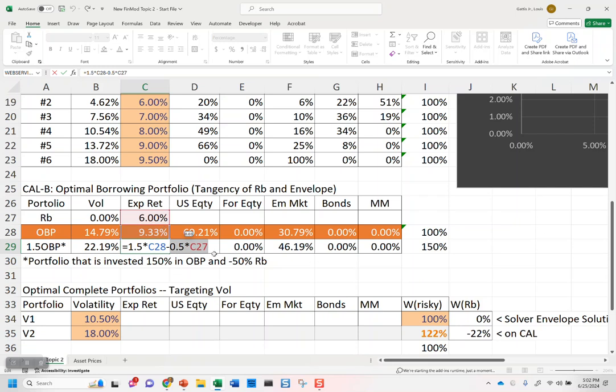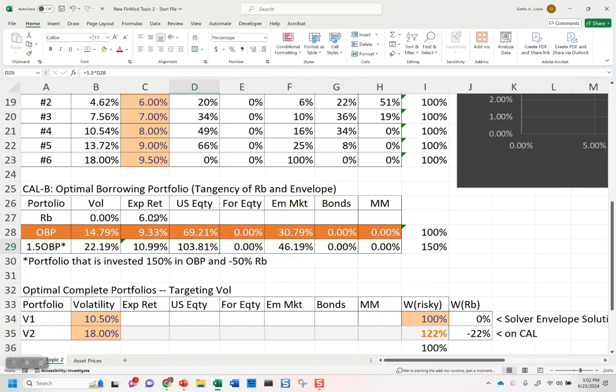So it's minus 0.5 times the 6%. So there is my x and my y variables that I can add to the graph, together with the tangency point. And also notice the weights in U.S. equity, foreign equity, bonds, and so on are 150%.